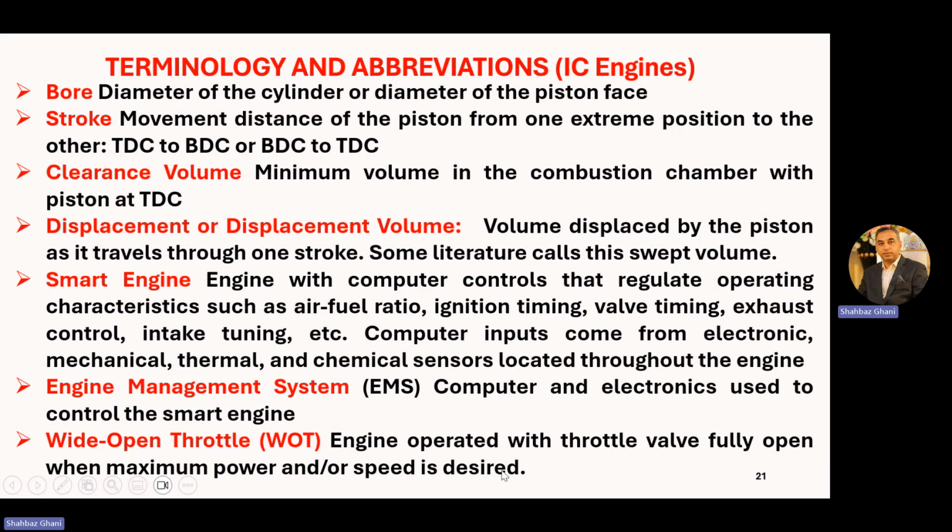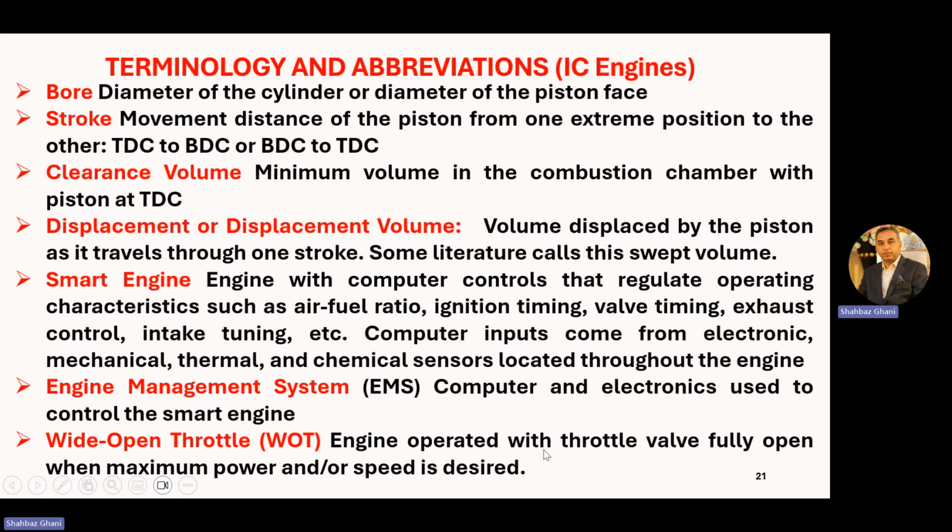When we are using a conventional or old engine in which we have a carburetor system, we have a throttle valve. The throttle valve is linked with your accelerator. When you press the accelerator fully, the throttle valve, that butterfly valve, fully opens, and that position is known as wide open throttle.